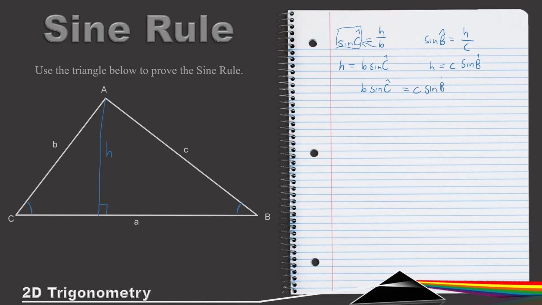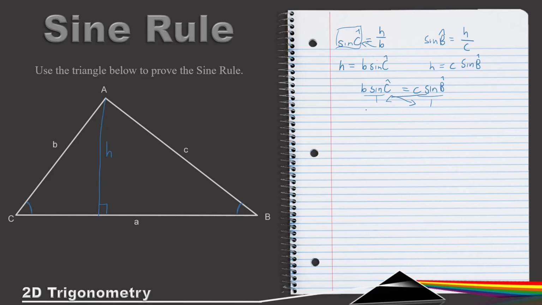And we're almost there. Now we can just rearrange a bit. Once again, we can use the cross multiplication method, and we can take sine C downstairs and take sine B down there.